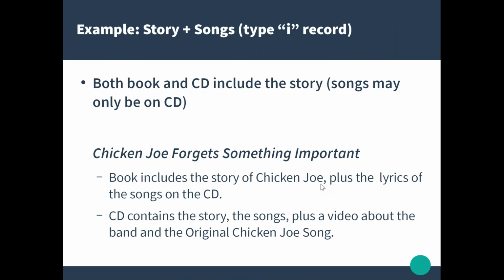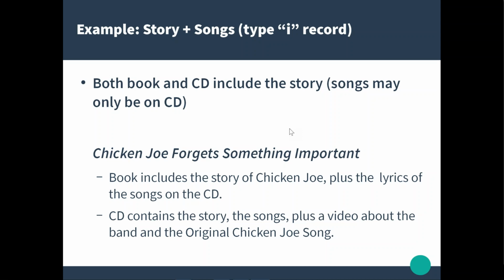Now here we have an example of a story plus songs, where both the book and the CD include a story, and there might also be some songs included on the CD. So we've got Chicken Joe Forgets Something Important.